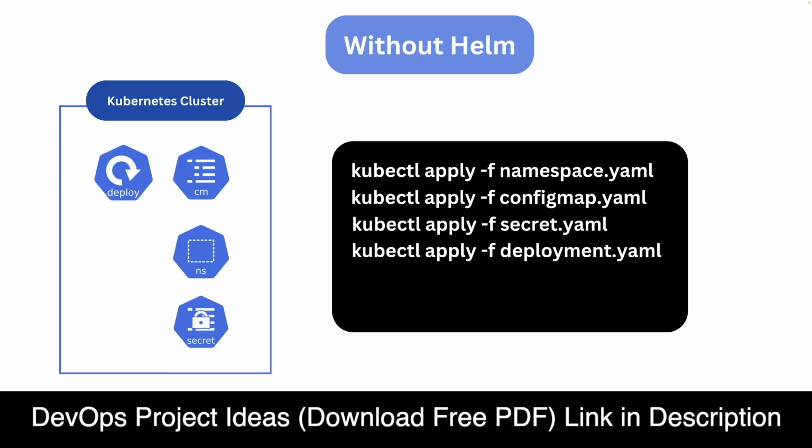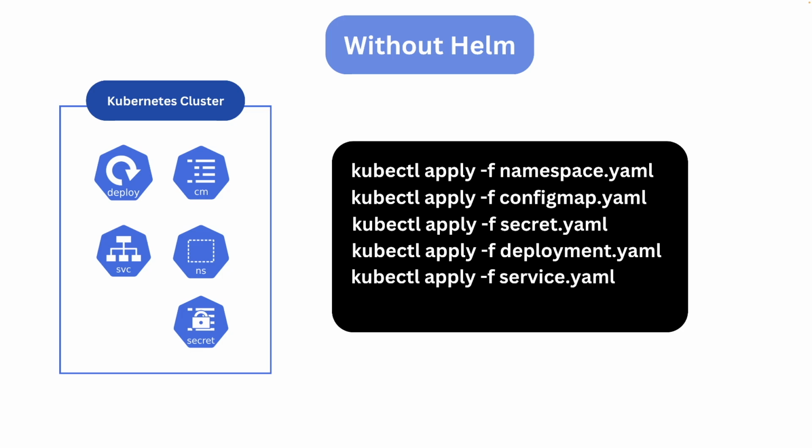And of course you need to deploy your deployment resource, which is the actual application. And then of course you need a service which is in front of your application to redirect the internal traffic. And if you're opening up your application to the external traffic, then we need an ingress resource for managing that external traffic, right?